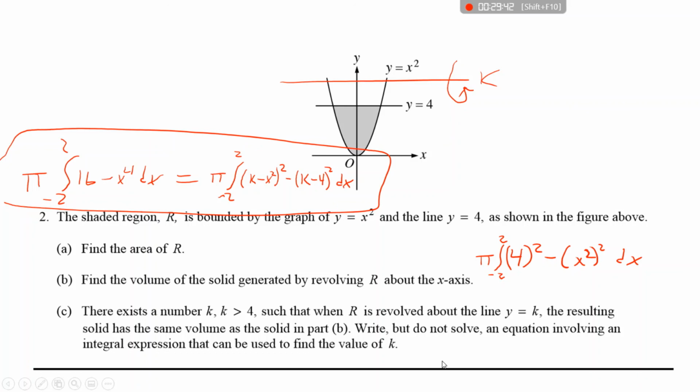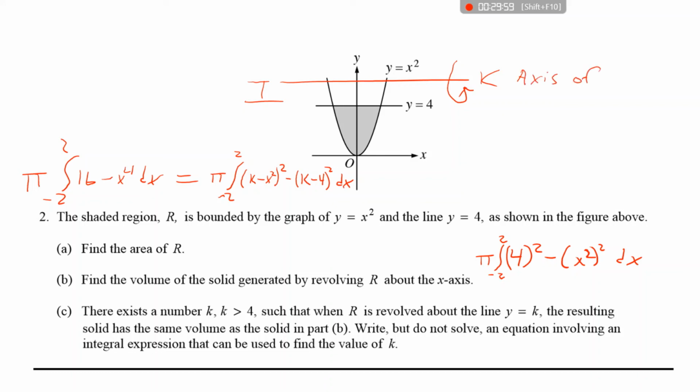Any questions on what I did? Okay, but I don't really understand why we then subtract x on the graph. Okay, so let me draw out what I just did. So this distance from my axis of rotation, which is at y equals k, the distance to my innermost function is k minus 4 units, right?